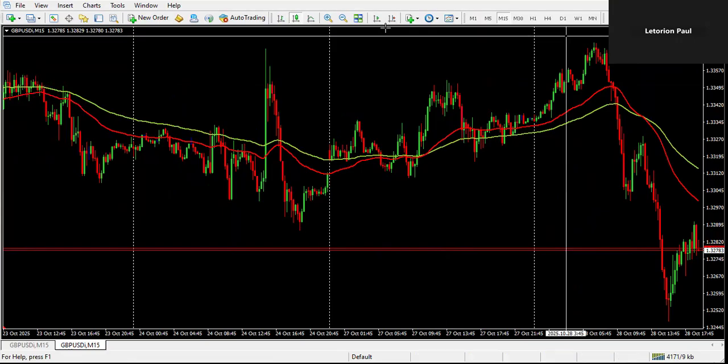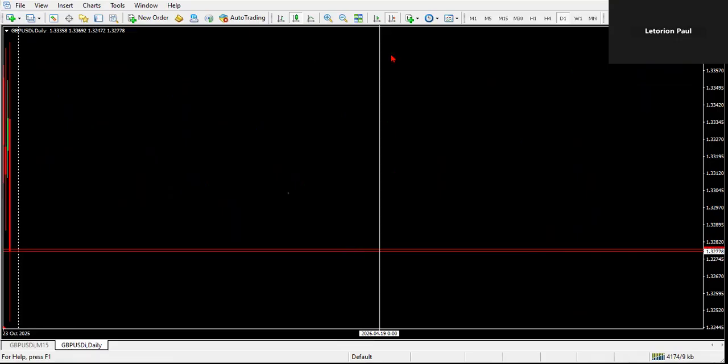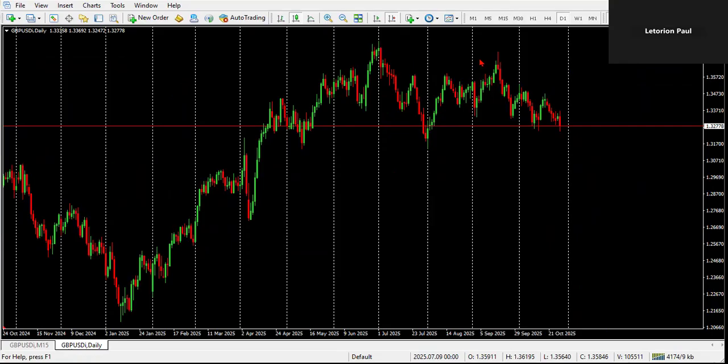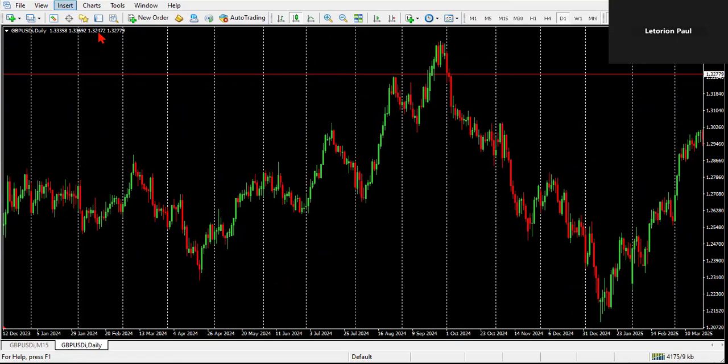So, let's go back to where it all started. Basically, there are four steps, I believe. Yeah, four steps. Step one: apply two moving averages to the price action.